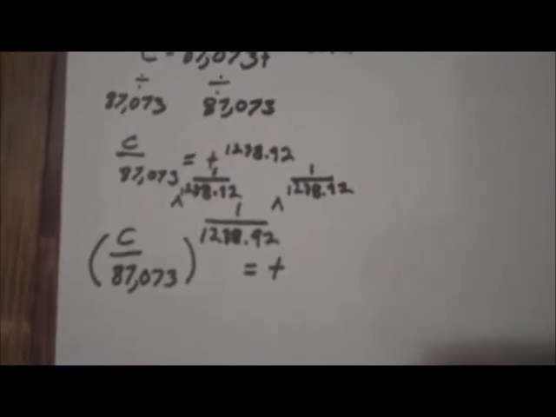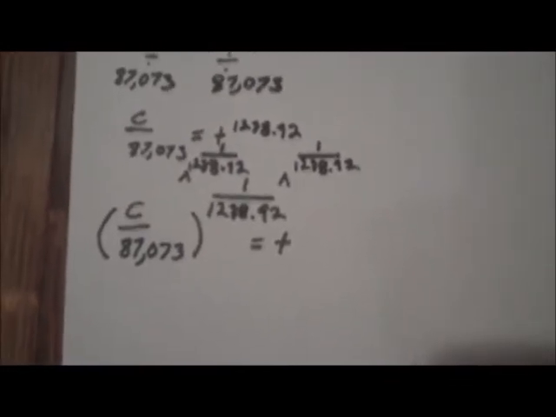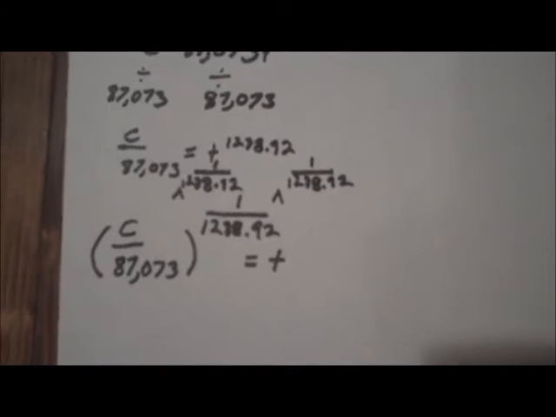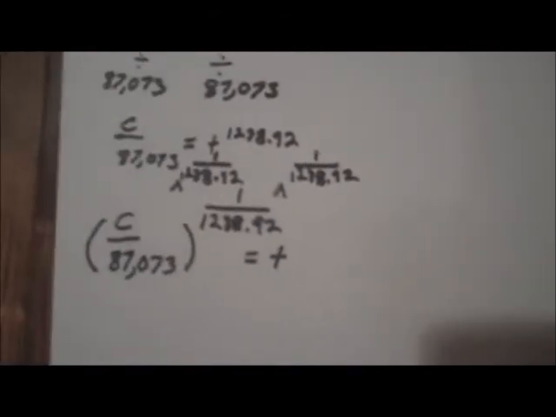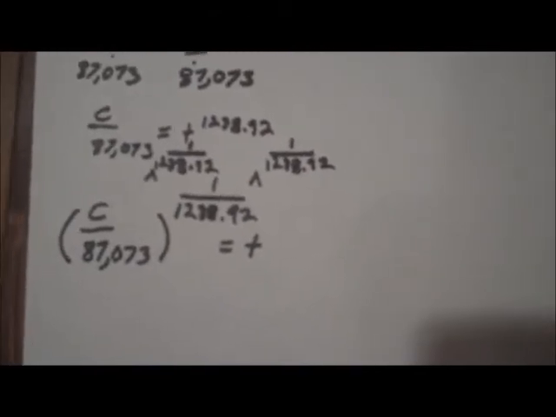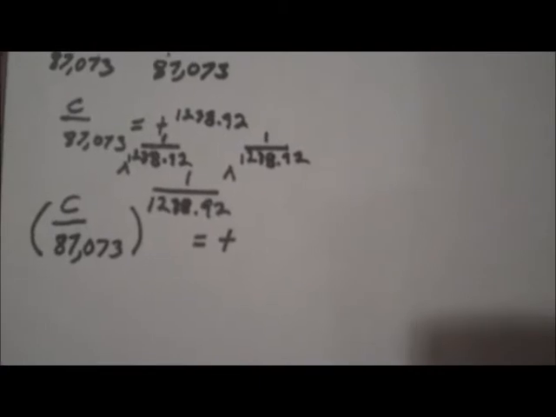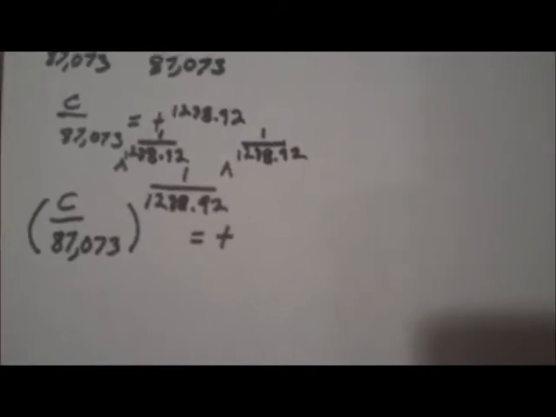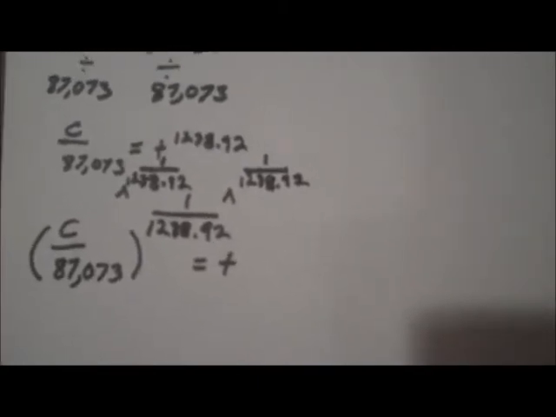And then to get rid of the exponent, you must raise both sides to the power of 1 over 1,288.92, which is the inverse of 1,288.92, which then gives you, in parentheses, c over 87,073, close parentheses, to the power of 1 over 1,288.92 equals t. AJ, do you have any last words?